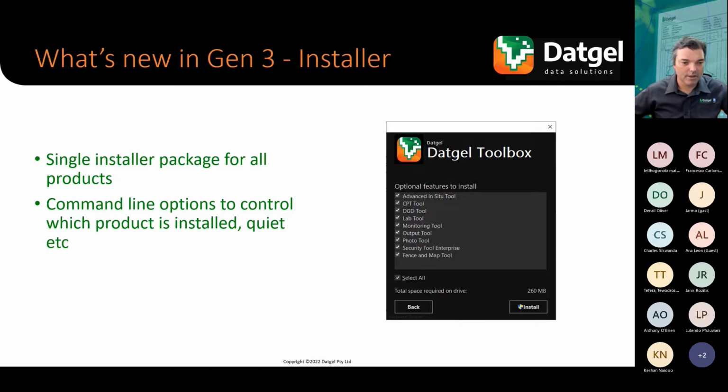Then there are command line tools to select which products you want to install, and if you want to be quiet or verbose or whatever. This is documented in our docs. So you can definitely push this out across your organization with installer, automatic installation tools.